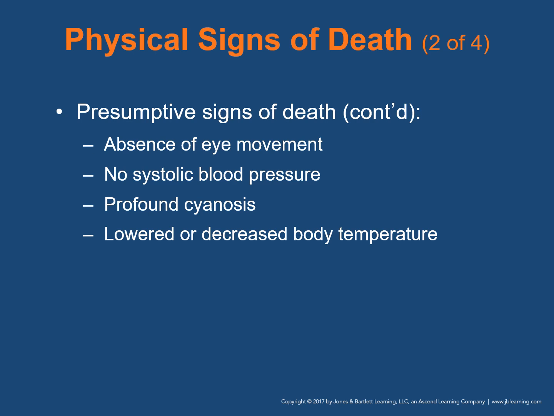Other presumptive signs of death include absence of pupillary reactivity, which is absence of eye movement and or responsiveness of the pupils in the eyes, no systolic blood pressure, profound cyanosis, and lowered or decreased body temperature.